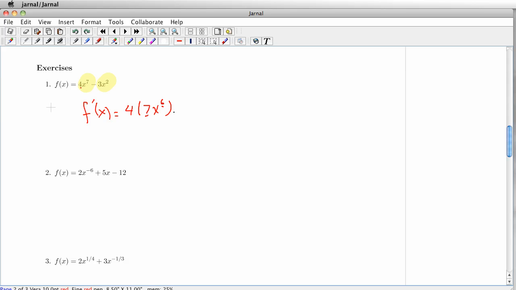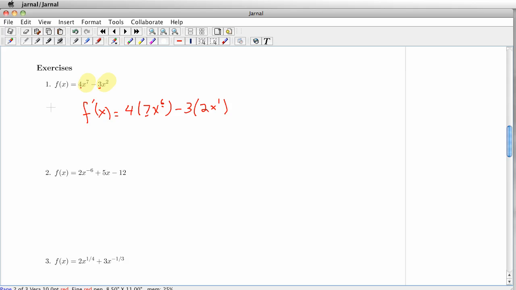The rest of the process is to just repeat that same rule on all the pieces and ignore the signs that are connected to them. So if there are plus or minus signs here, we just leave them alone. So by ignoring them, what I'm really saying here is just leave them where they are and don't try to apply any rules. The derivative of 3x squared, again, I ignore the 3 because it's the number multiplied in front, and then my derivative rule says that the derivative of x squared should be 2 times x to the first power.